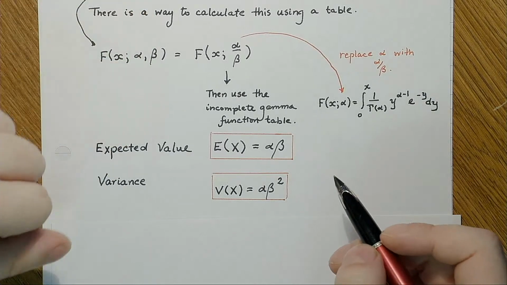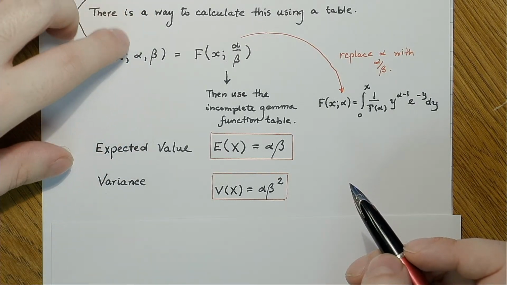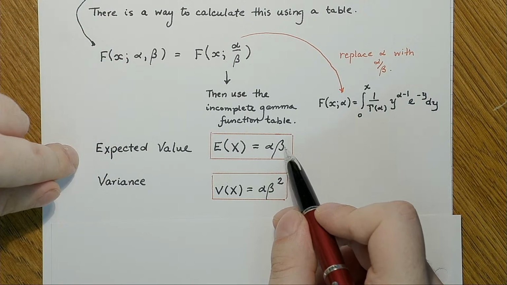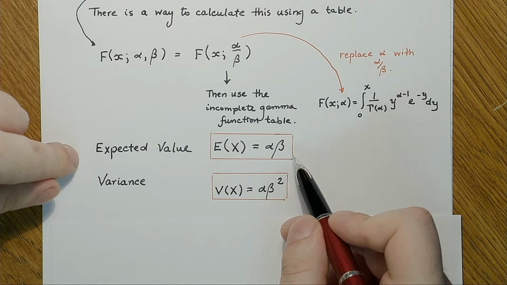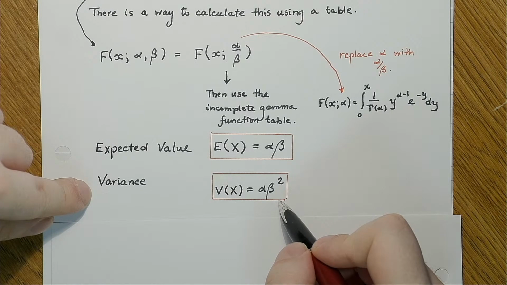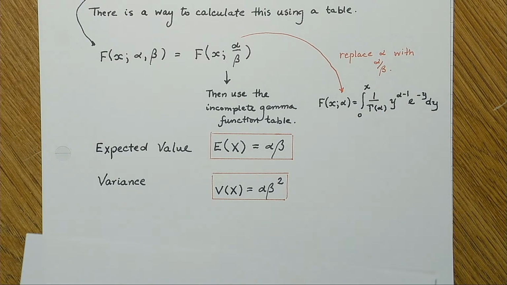Along with the gamma distribution, we've covered the PDF, the CDF, and now for the expected value, it's just alpha times beta. So we just multiply the two parameters together. And for the variance, we multiply alpha times beta squared.